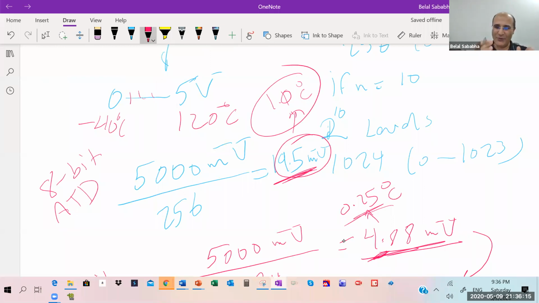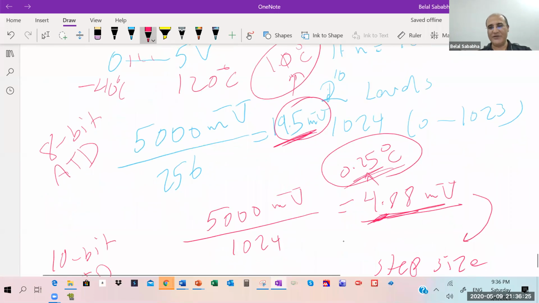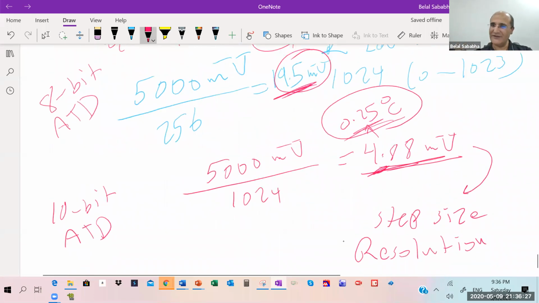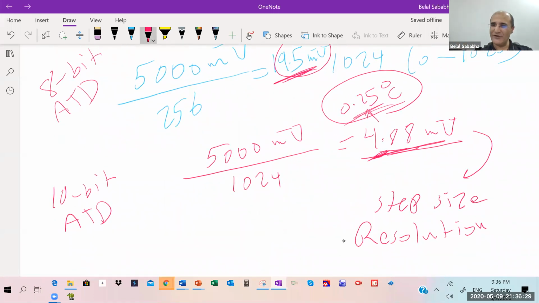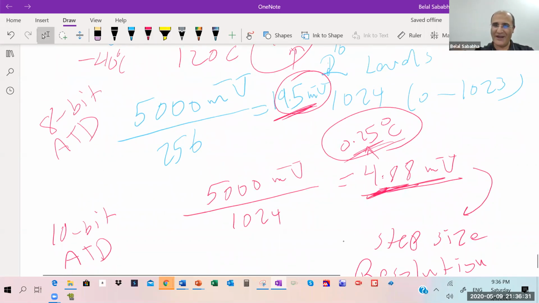Here you're 1, 1.25, 1.5, 1.75, 2. See, you have 4 steps and you have 4 times accuracy here. So you're right, 4 millivolts can be affected more by noise compared with the 19.5 millivolts, but still it has more accuracy. Okay.